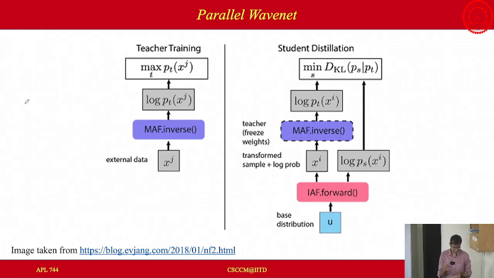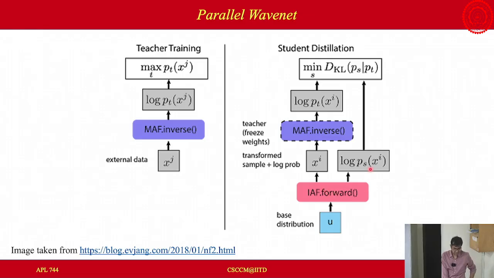So I'll just focus on this one. Let me convert it into a laser, right? So this is the part where the teacher is getting trained, right? And you can see MAF is getting easier, right? Come here. You start with u. u is your z. You go through IAF.